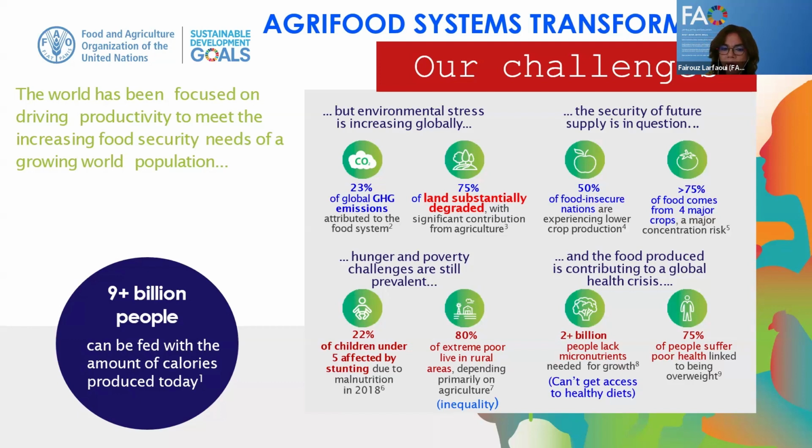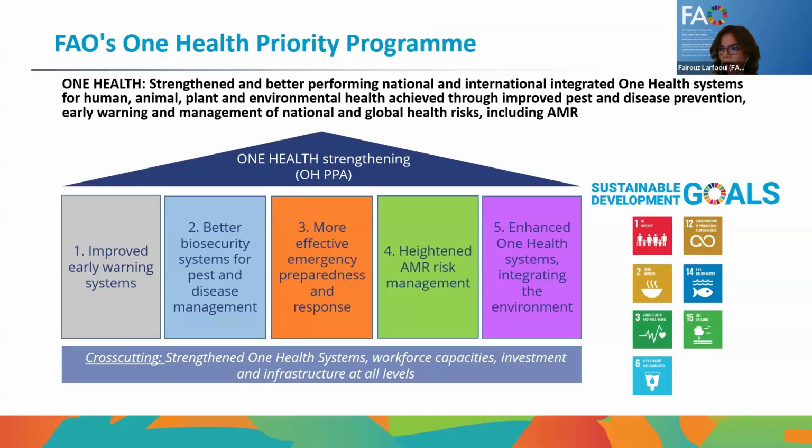I'm not going to go through all these numbers because I don't have much time, but you will find them in the presentation that we will share with you. There is also the challenge that the food produced is contributing to a global health crisis, with over 2 billion people still lacking micronutrients. This is just to bring you some background information and numbers before going deeper into the presentation.